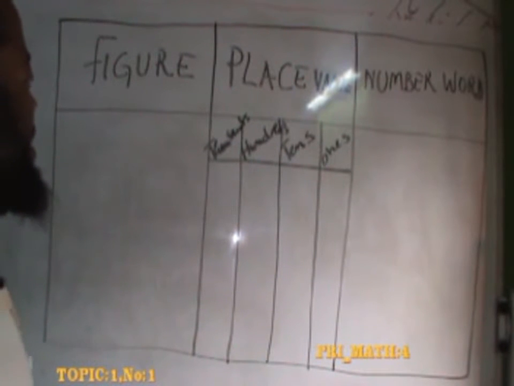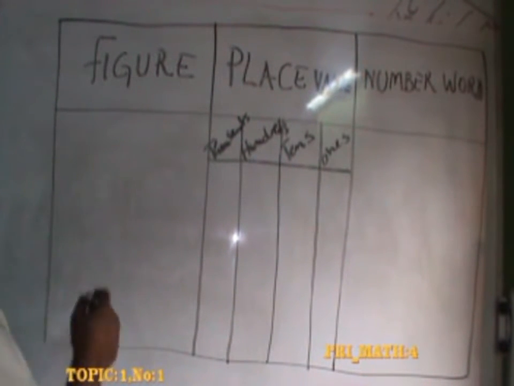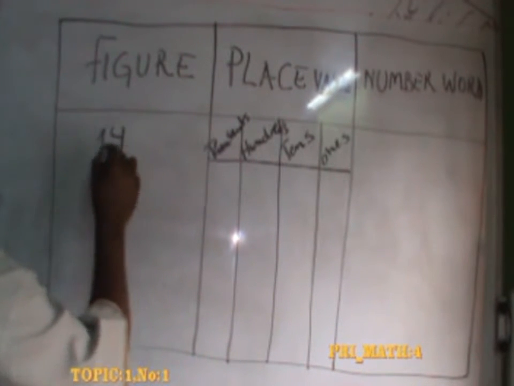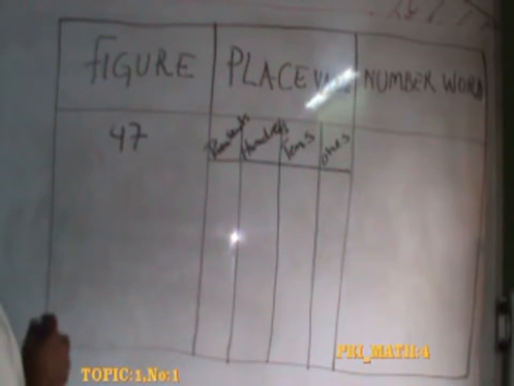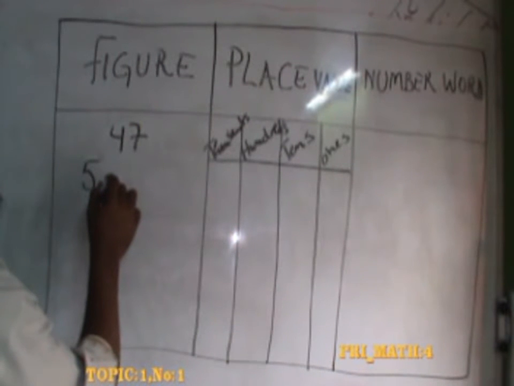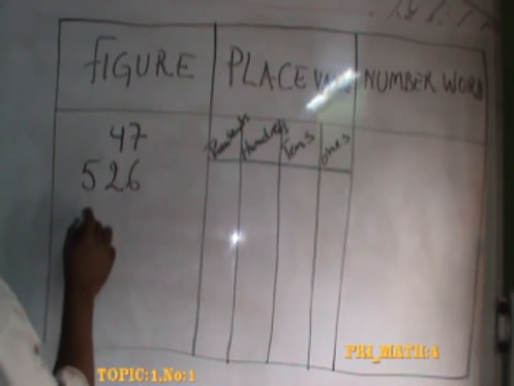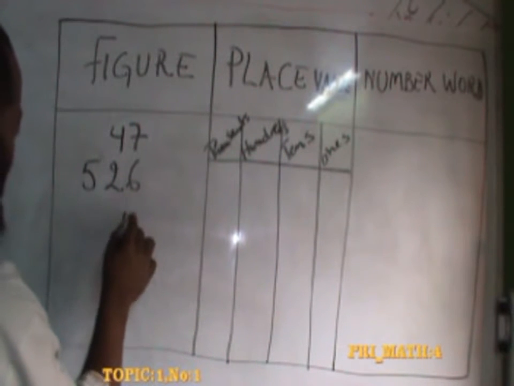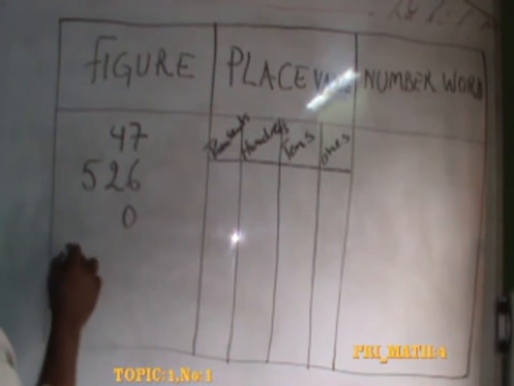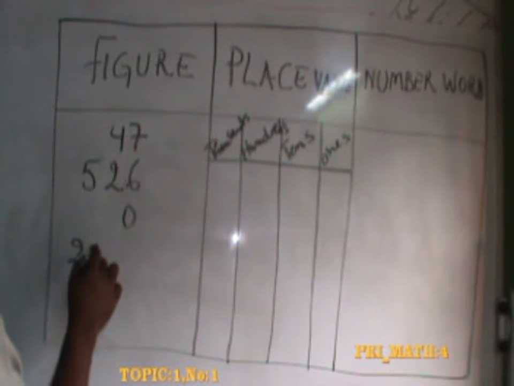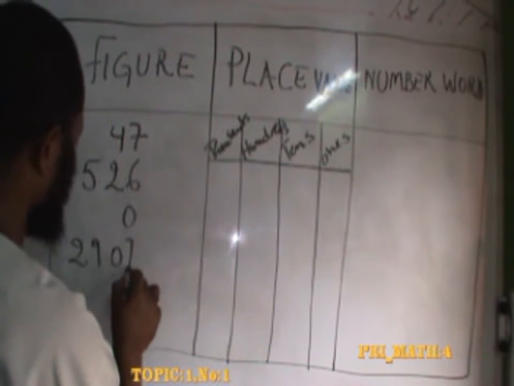Let us take any numbers at random. No, 4 numbers: 47, 526, 0, and 2,907.